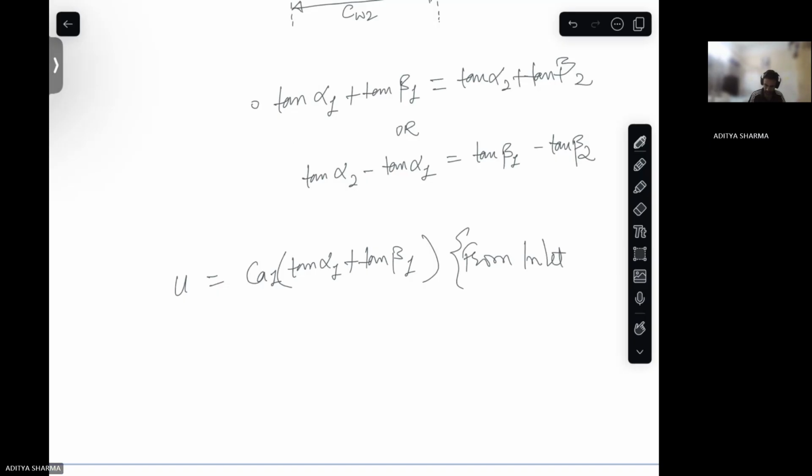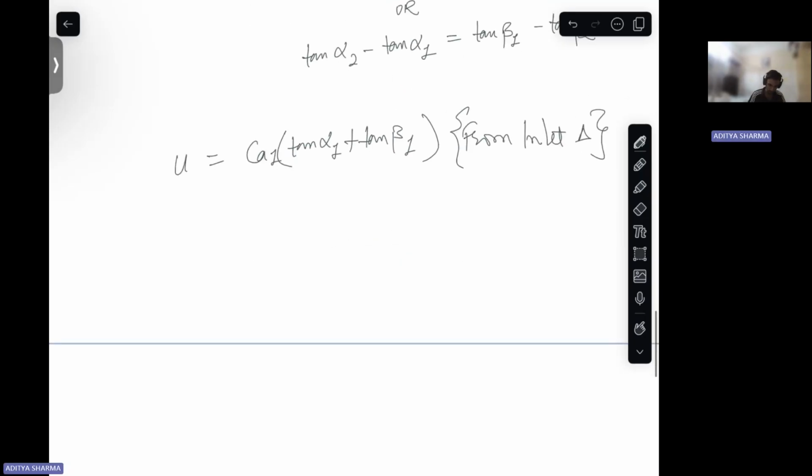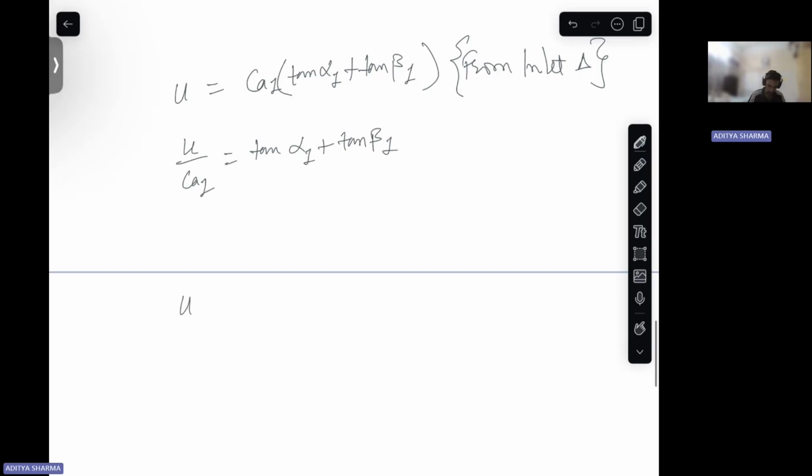You can write this as U by CA1 equals tan alpha 1 plus tan beta 1. Then again, you can write U as CA2 times tan alpha 2 plus tan beta 2. This is from your outlet velocity triangle.